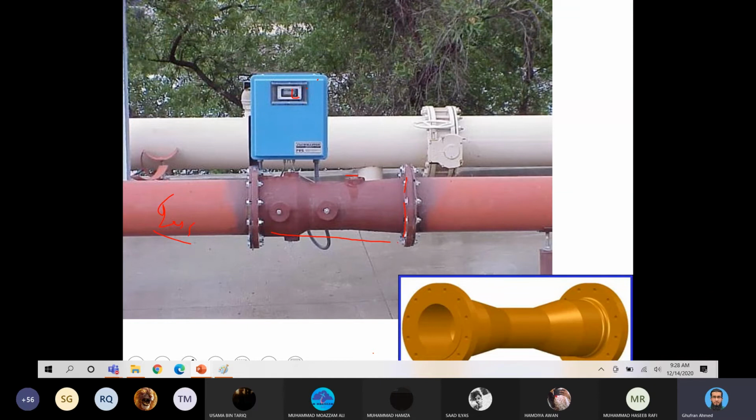The discharge may vary: if the velocity of water is very less, then obviously, keeping the area constant, the discharge would be less. So the amount of discharge can be measured with respect to this Venturi meter.